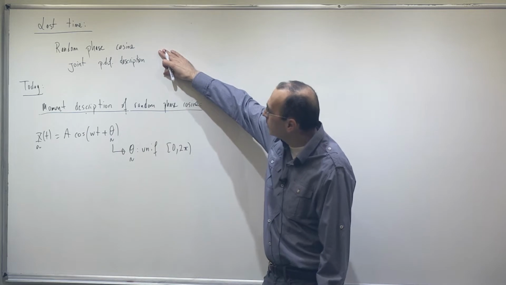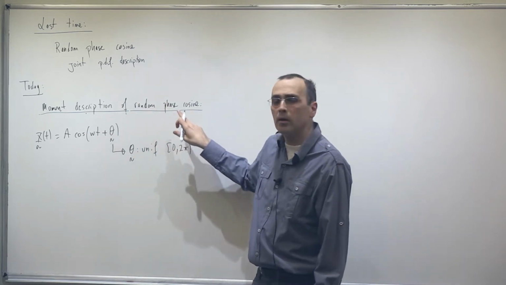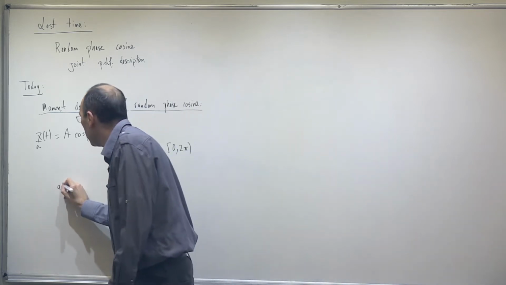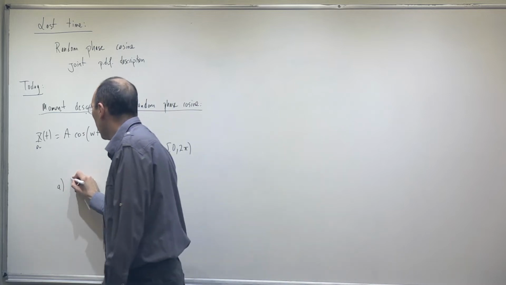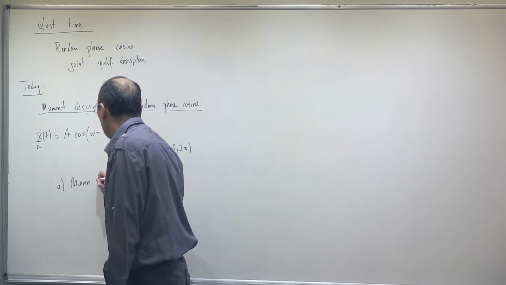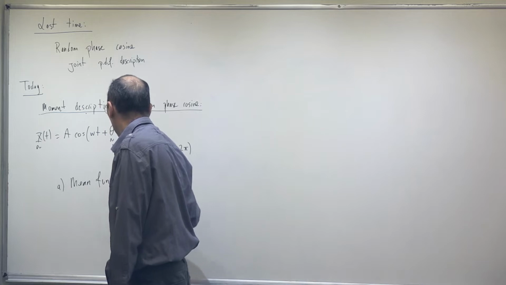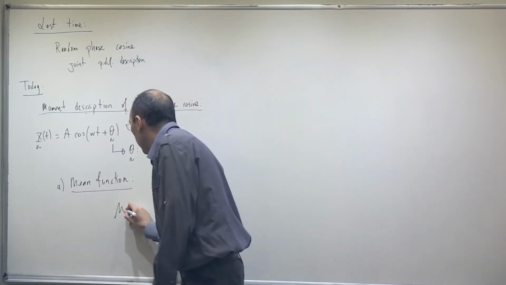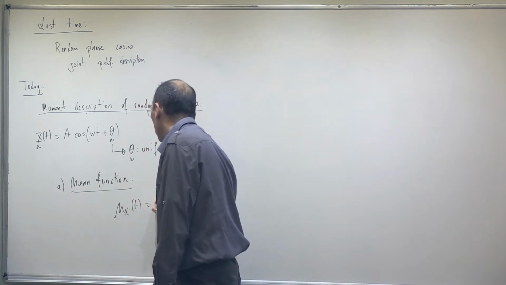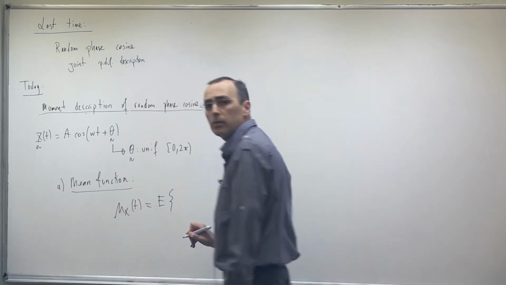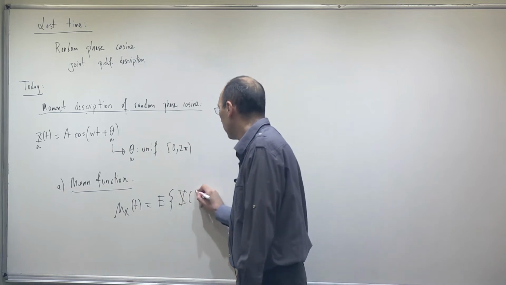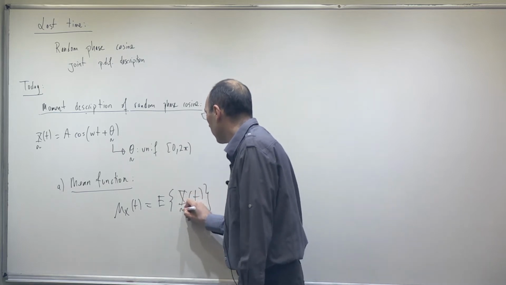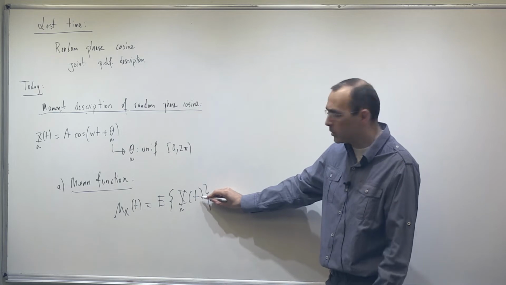So today we are discussing moment descriptions. Let's see whether moment descriptions are easier or not. Let's try to calculate the mean function of this process. It is denoted as mu x of t, and this is the expected value of this random process evaluated at a specific time.